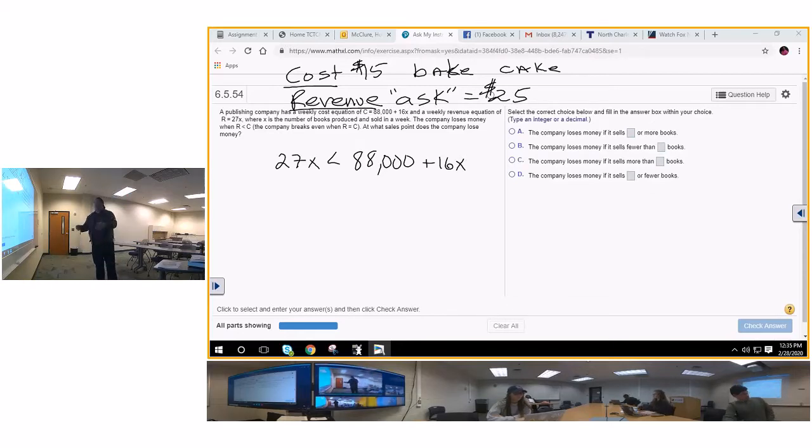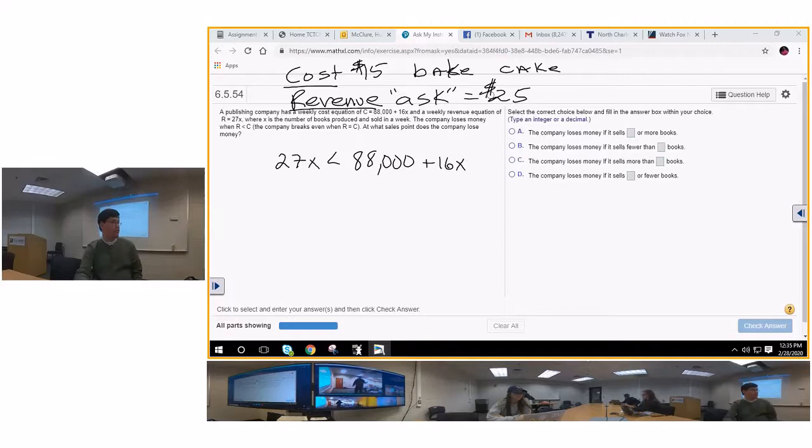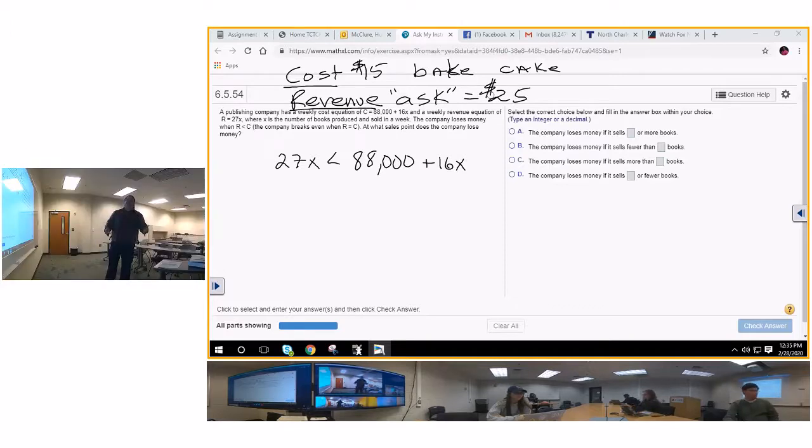You subtract 15 from 25. So therefore the revenue has to be more than the cost. That's just basic economics. So you're going to go into debt if the revenue is less than the cost. Below that.